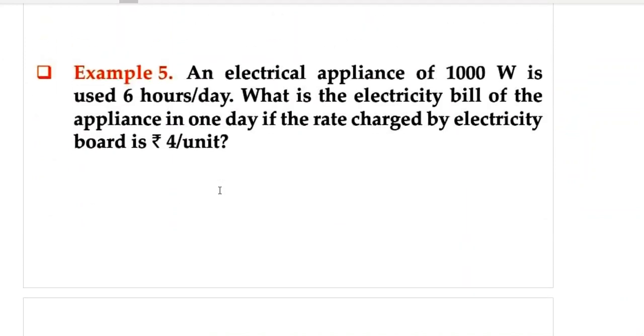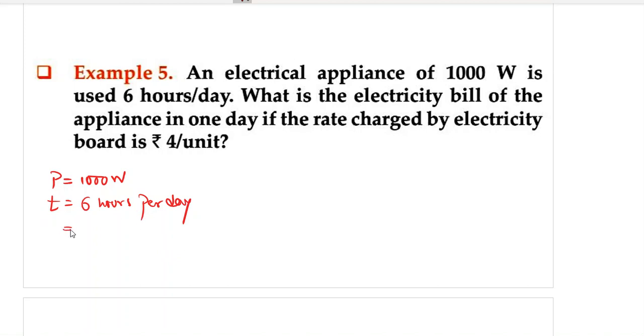An electrical appliance of 1000 watt is used 6 hours per day. Okay, so the power is 1000 watt. The time is 6 hours per day. Okay, we'll calculate everything, don't worry.